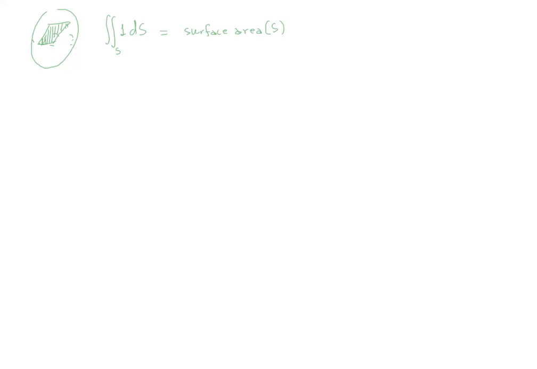Pretty much what is going to happen is that once we have a parameterization and this produces a certain normal vector, obtained this way, then this integral is going to end up being the double integral over D of the magnitude of this normal vector.